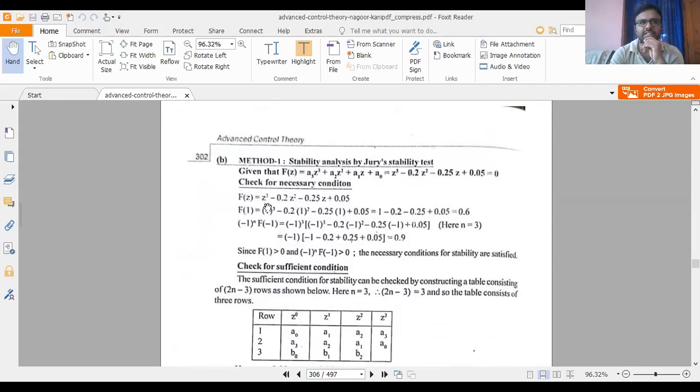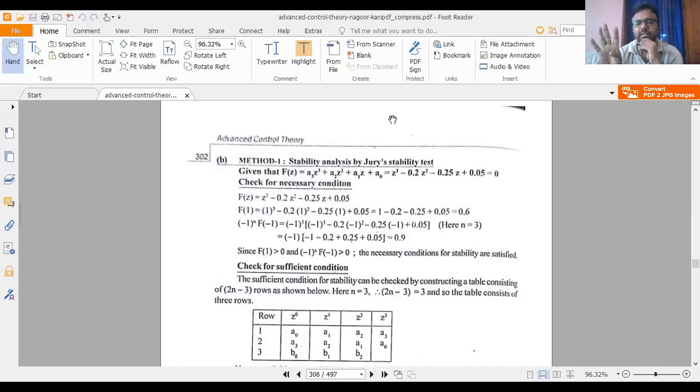So the conditions to be satisfied are f of 1 should be greater than 0 and f of minus 1 should be less than 0, and since the order of the equation is 3, that is z cube, a0 should be less than a3, and modulus of b0 should be more than modulus of b2. These are the four conditions to be satisfied by the characteristic equation in order to conclude that the particular system is a stable system.